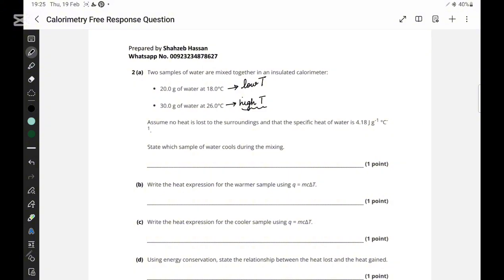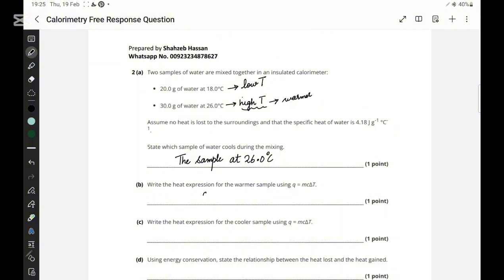Definitely heat is transferred from high temperature to low temperature. So we can write here the sample at 26 degrees Celsius. Now write the expression for the warmer sample using Q is equal to mc delta T. This one is at high temperature and would be the warmer.